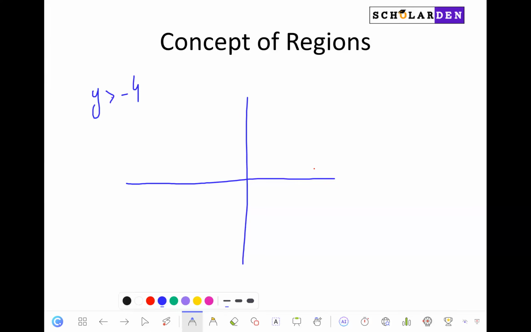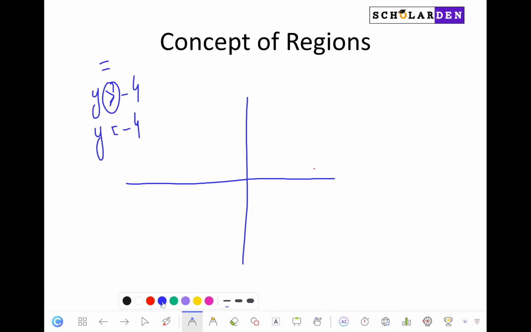We convert this inequality sign. Whether it is a greater than, less than, or not equal to sign, that represents an inequality. So we change this inequality sign to the equality sign. So let's say this is y is equal to -4.